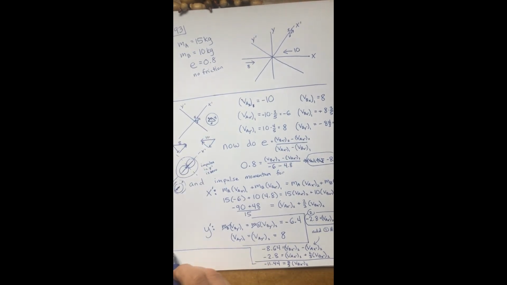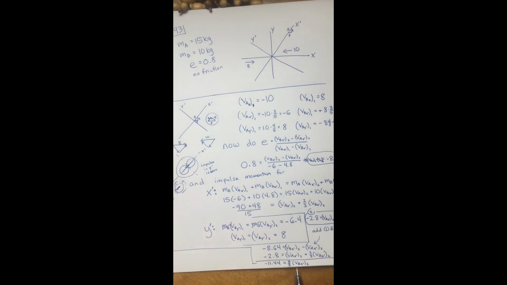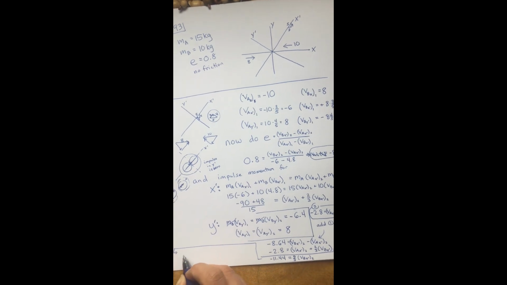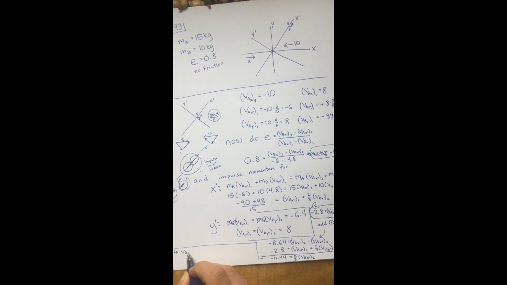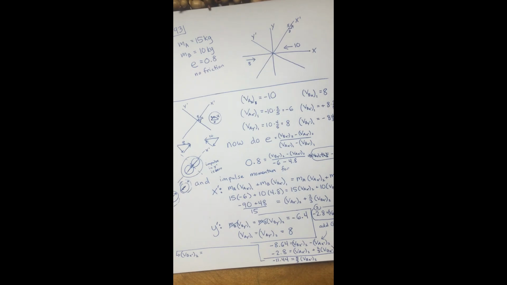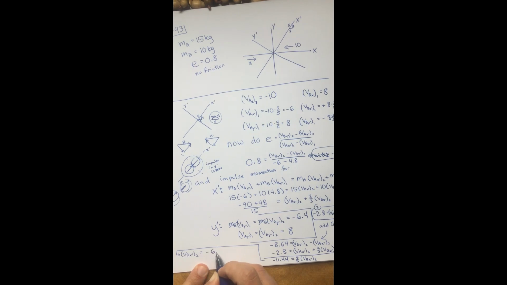Okay, so now I can solve this for VB x prime 2, which would be negative 11.44 times 3 divided by 5. That gives me negative 6.864. This is the x prime component of the velocity, in meters per second.